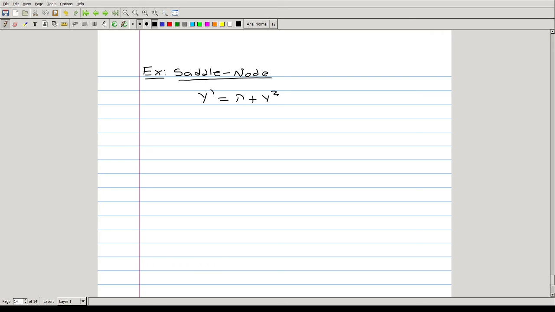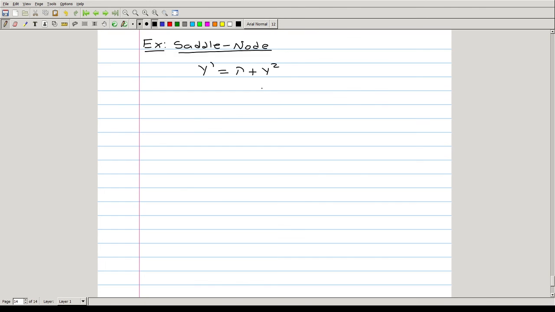And there are many types of functions that exhibit saddle node bifurcations, but this is a great example. This is going to have equilibrium points when a plus y squared is equal to 0.